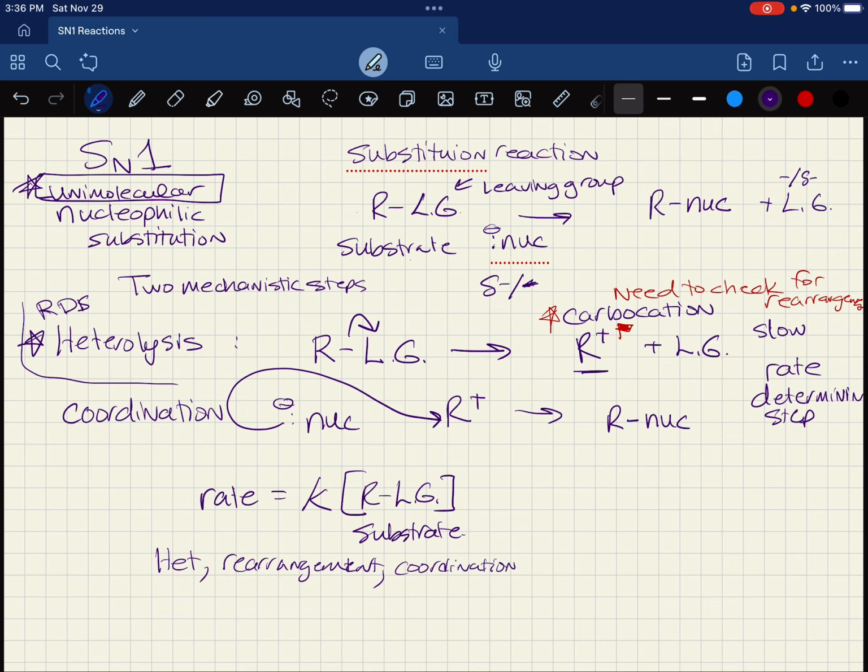The other thing that can happen with an SN1 mechanism is sometimes our leaving group is something like an alcohol, for example, and that's not going to be a good leaving group on its own unless we're in pretty strongly basic conditions. So sometimes what happens first is that we might have a proton transfer where we have some sort of acid present.